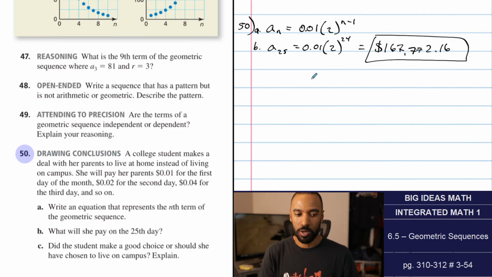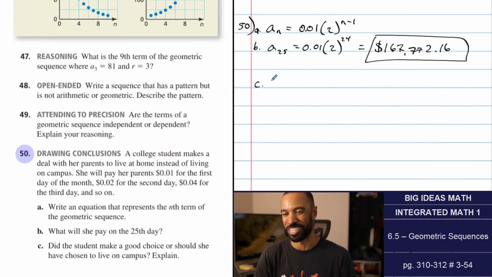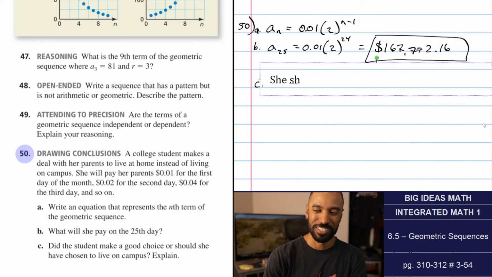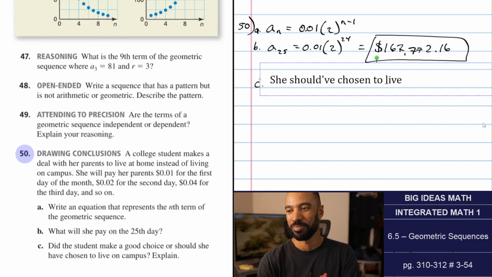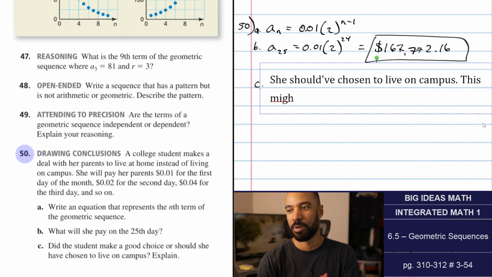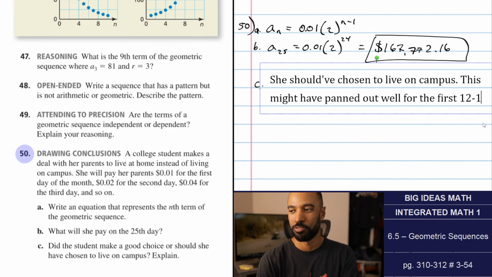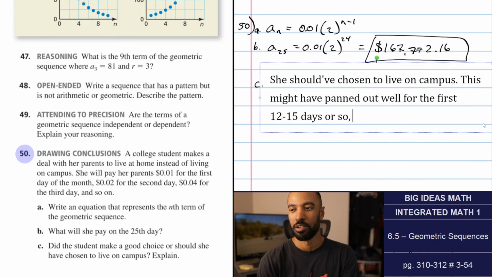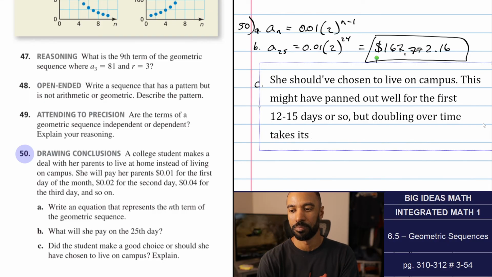Part C. Did the student make a good choice, or should she have chosen to live on campus? Explain. The latter. She should have chosen to live on campus. This might have panned out well for the first 12 to 15 days or so, but doubling over time takes its toll.